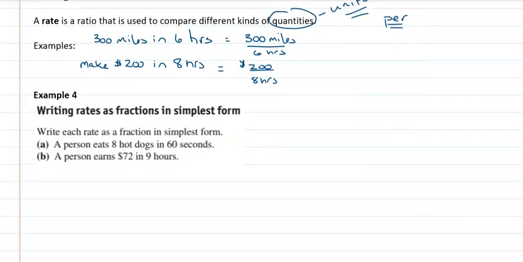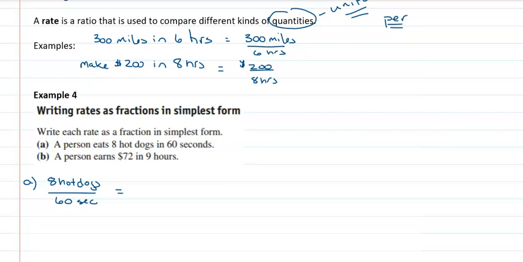So a person, I don't love this first example, a person eats 8 hot dogs in 60 seconds. It sounds a little gross, but anyway, we've got 8 hot dogs in 60 seconds. Okay, so notice we put the unit in because it wouldn't mean anything without it. So now we're going to reduce this.